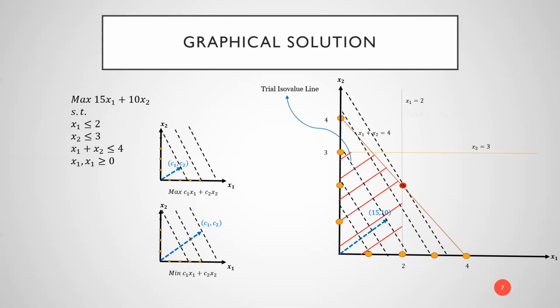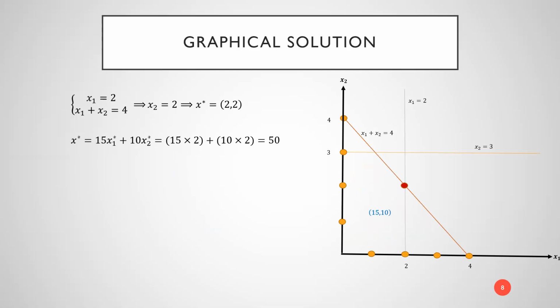So I will have the optimal isovalue line as the last line that you can see, and also the optimum point as the intersection of this optimal isovalue line with the feasible region. You see, it was very simple. Just follow the steps that I have mentioned and you will have no problems.